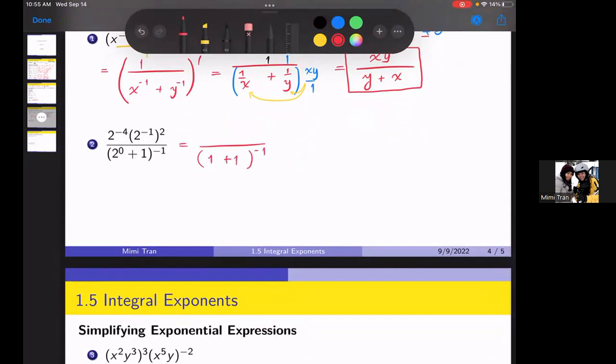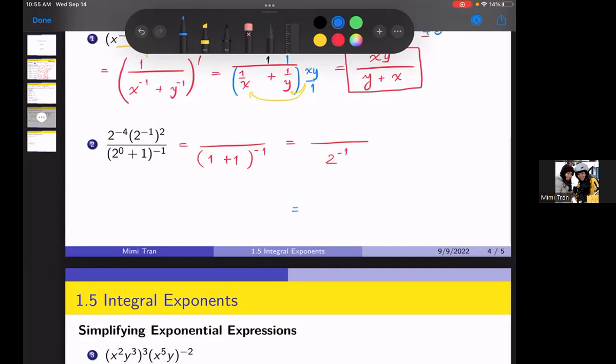So 1 plus 1 to the negative 1 outside, and then I have 2 to the negative 1. Now, I'm going to leave it like this. The reason being is that I see base 2, and base 2, all base 2, so I can simplify easier later. But it takes practice, okay? Naturally, people turn it into a fraction. I'll show you the fraction way as well.